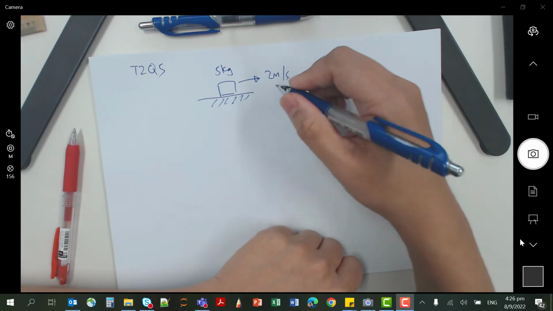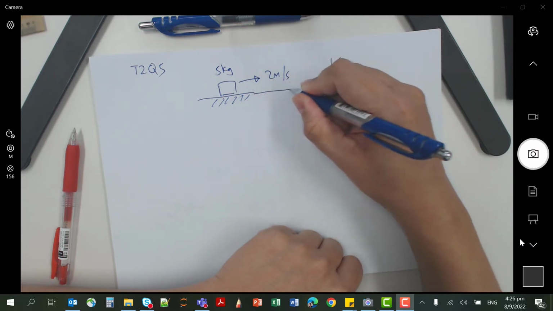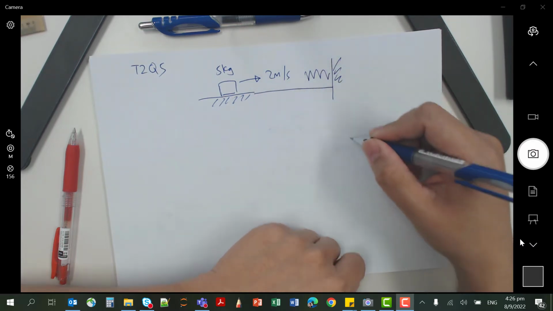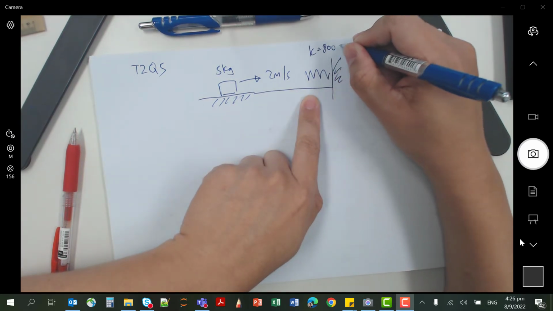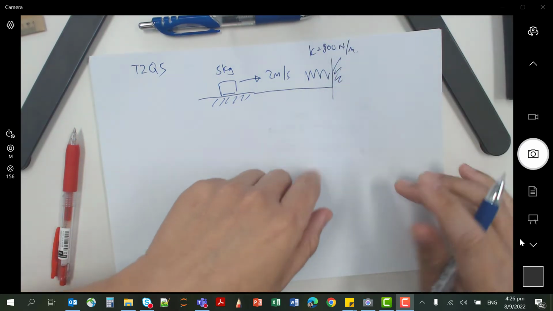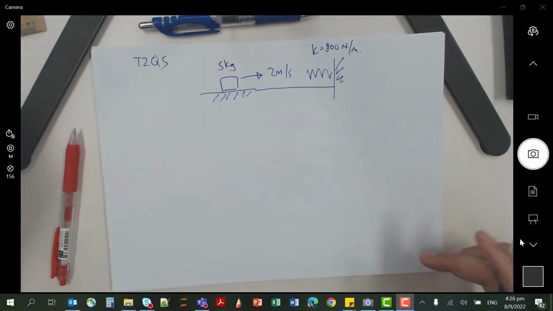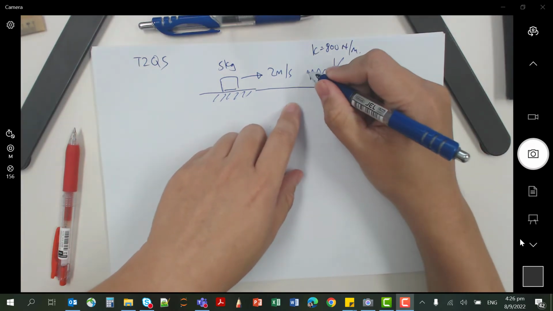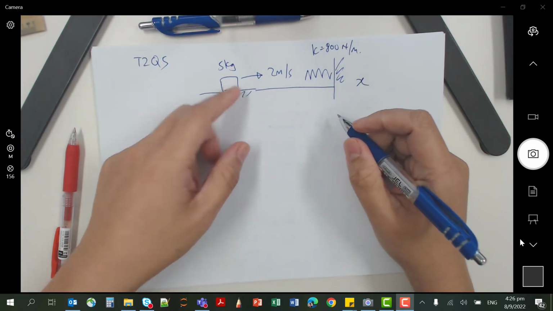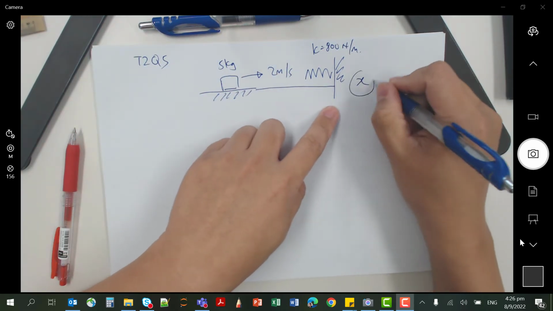And it is going to encounter a spring somewhere, and this spring has a K of 800 Newton per meter. So he's asking you for the compression. Find the value of X, how much the spring will get compressed by this object. It travels over here, it hits the spring, it compresses the spring by how much?